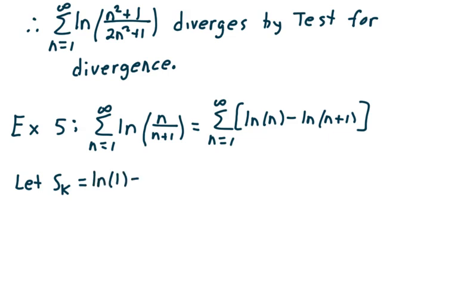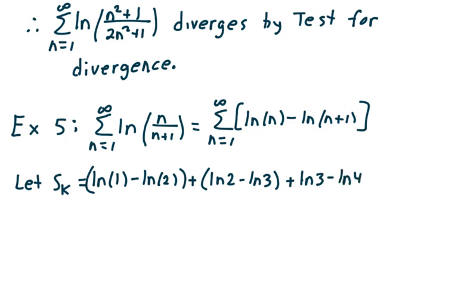So I'm going to get natural log of 1 minus natural log of 2, plus natural log of 2 minus natural log of 3, plus natural log of 3 minus natural log of 4, plus natural log of k minus natural log of k plus 1. Like so.